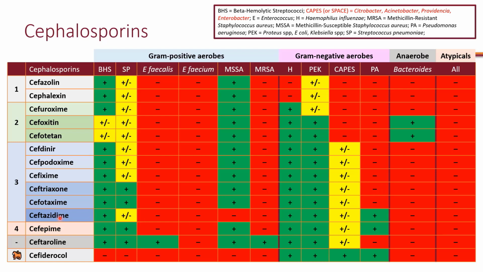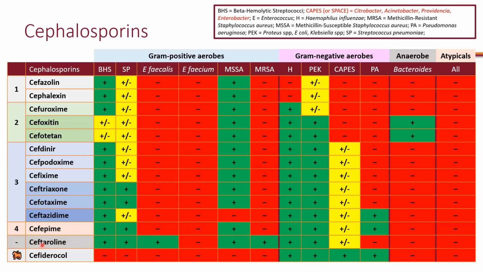So ceftazidime is the only member of the third generation cephalosporins which has activity against Pseudomonas aeruginosa, and it has very good activity. When it comes to fourth generation, cefepime is the only fourth generation we have, and the unique thing about it is excellent Pseudomonas activity, and it also has good gram-positive activity, so beta-hemolytic strep, strep pneumo, and MSSA.